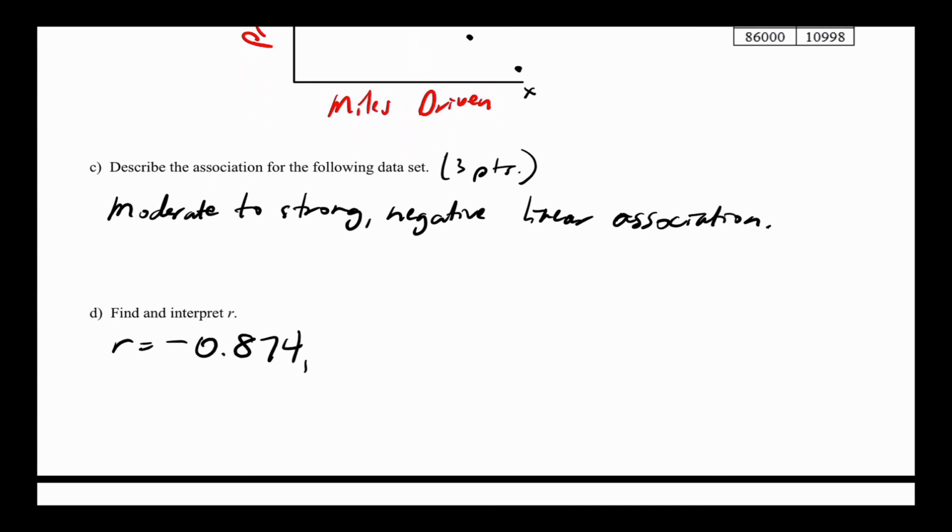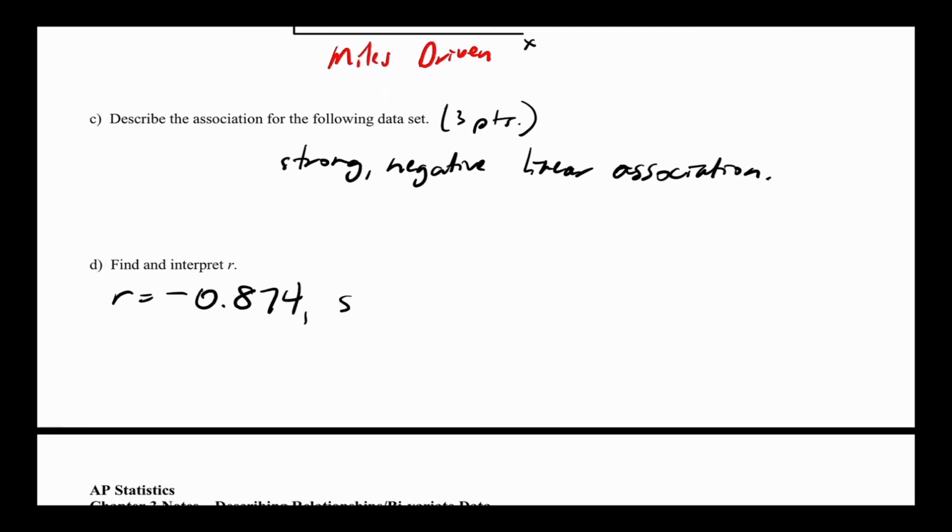Interpreting R is the same thing as describing the association, right? So that number tells me I don't need a moderate anymore, right? Before, my eyes told me I might need a moderate, but now I have an actual number. So now that guy fits into the strong category. Strong, negative, linear association or relationship.